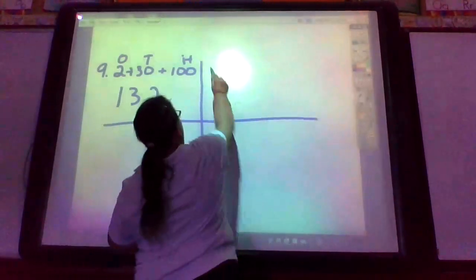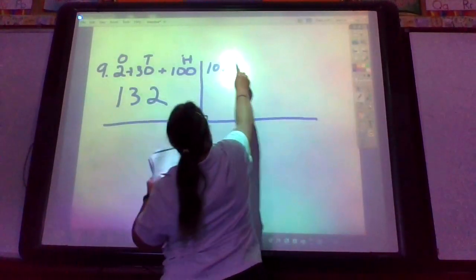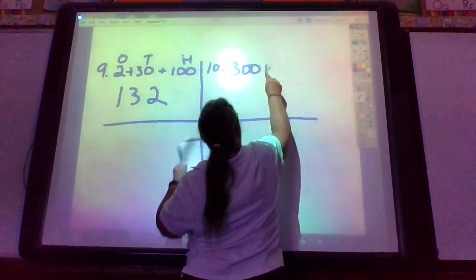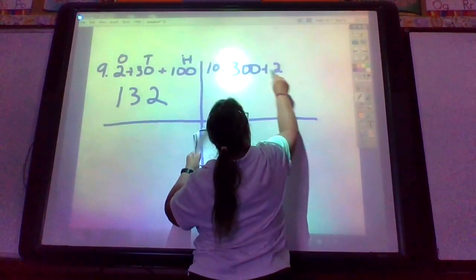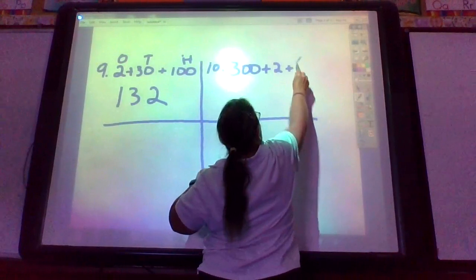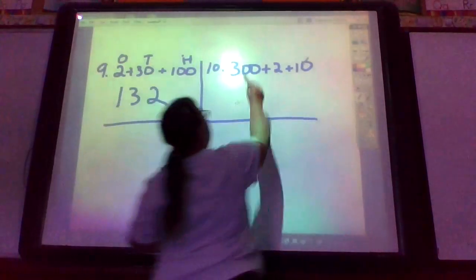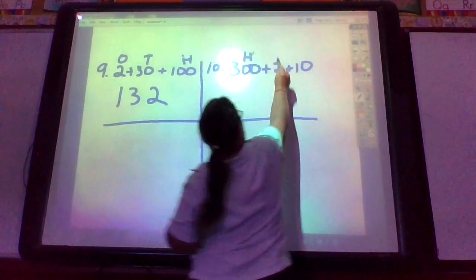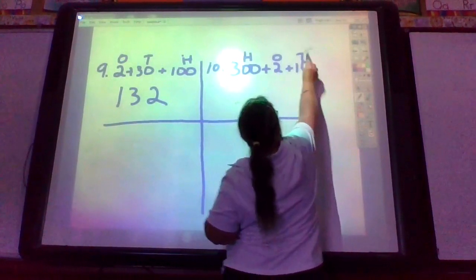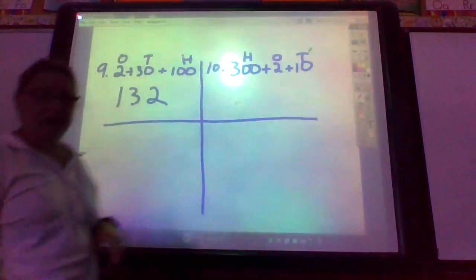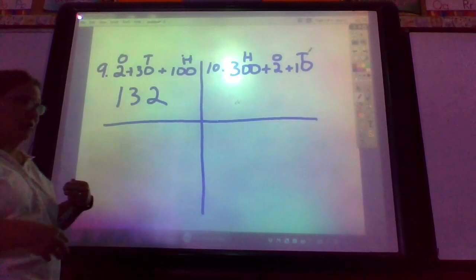Let's do another one. We're doing this backwards. Okay, number 10 is 300 plus 2 plus 10. Well, let's label them. Hundreds, ones, tens. That's not in the right order. We need to get them in the right order.